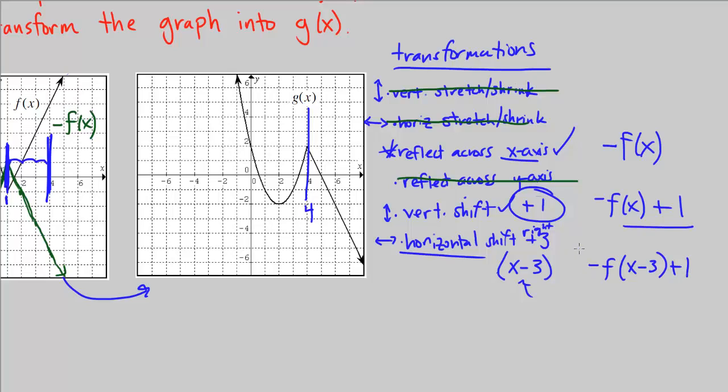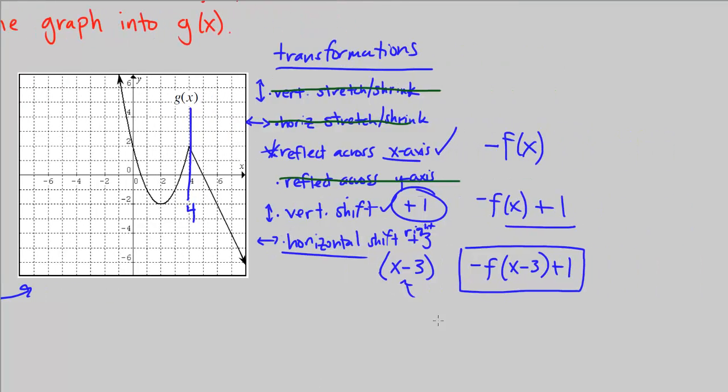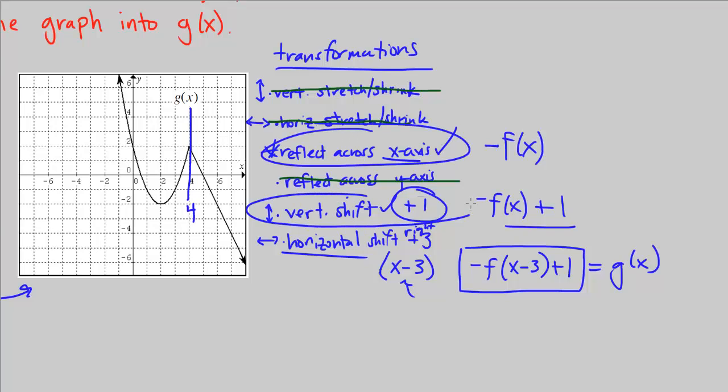All right? So this right here is the final transformation of graph g of x. So this is equal to g of x, right? G of x right here is equivalent to transforming f of x by reflecting it across the x-axis, vertically shifting it up 1 unit, and horizontally shifting it to the right 3 units. Okay, and this is our representation, and we have finished. So that ends for us CPM Precalculus Chapter 3, number 79.